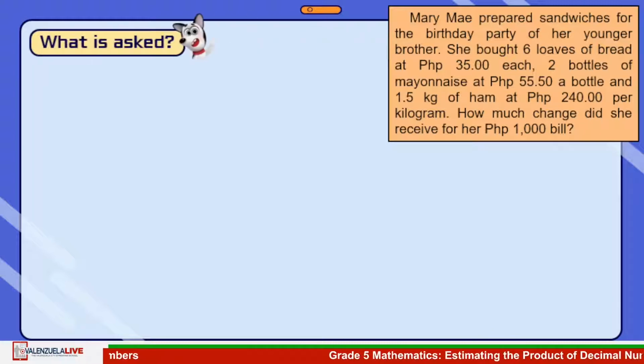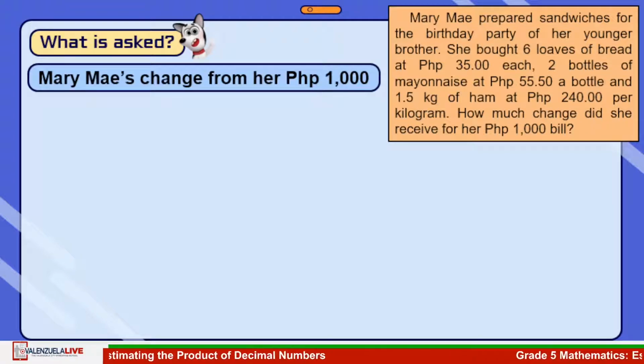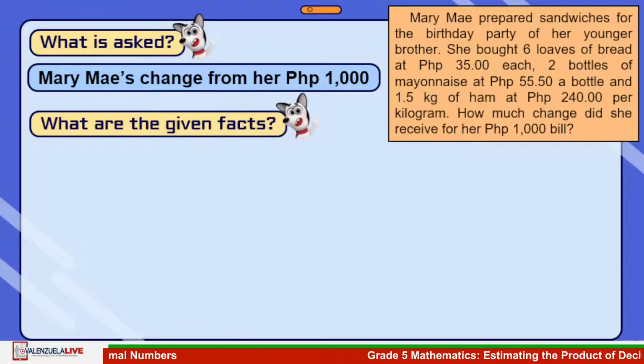Now, let us answer what is asked. Again, you can use the comment section to type your answer. Great job, grade 5. The answer is Mary May's change from her 1,000 peso bill. And what are the given facts?